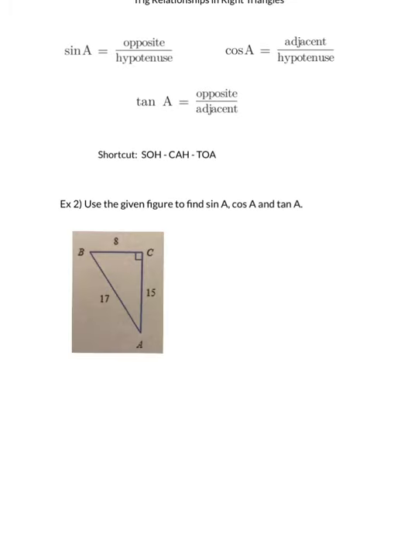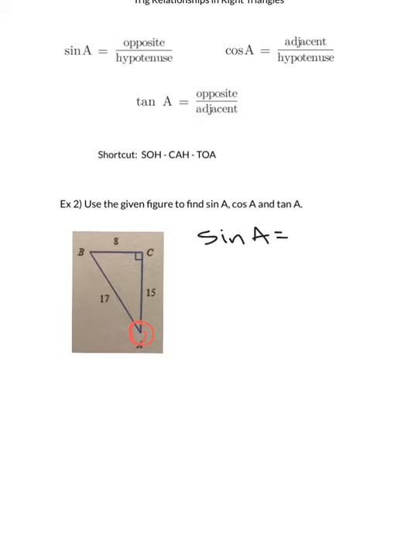In looking at example 2, we are asked to find the sine of angle A, the cosine of angle A, and the tangent of angle A. So all of these trig functions that we are finding are very specifically related to angle A. So when we want to find the sine of angle A, remember that the relationship for sine is opposite over hypotenuse.